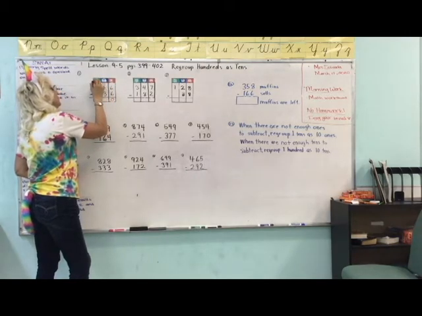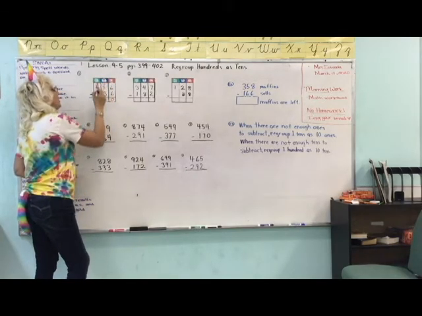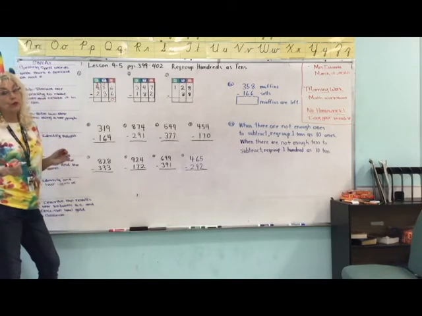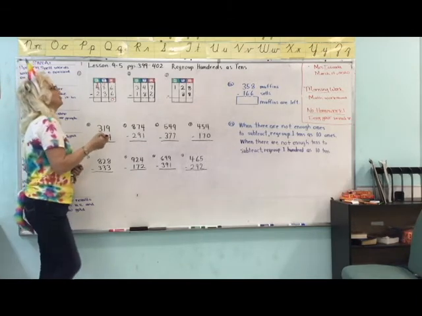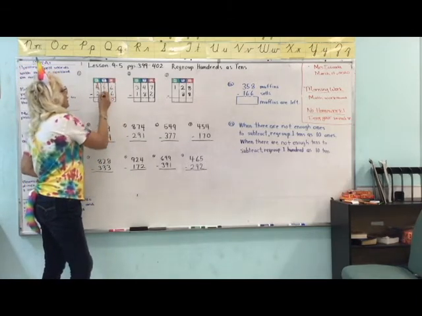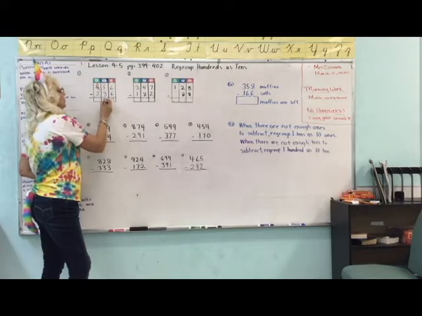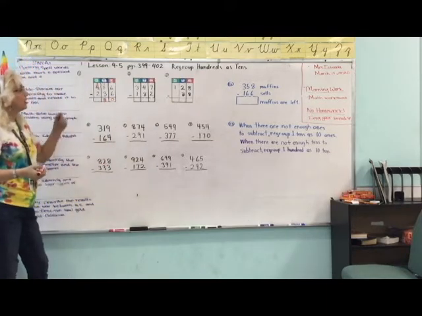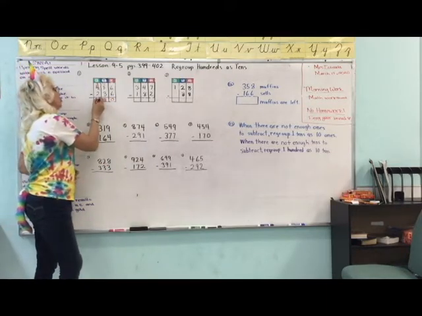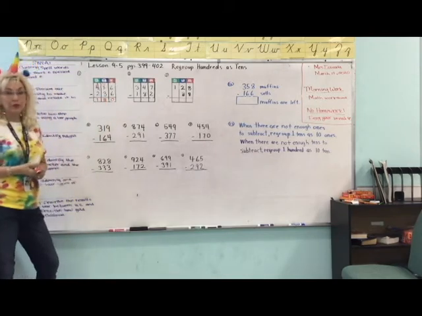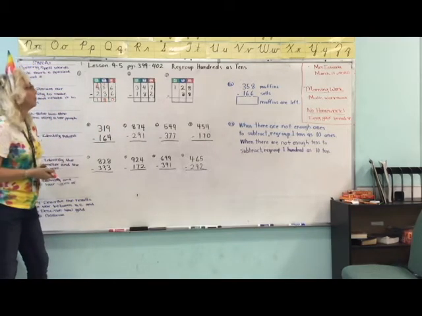And this is going to become a 3 because now there are 3 groups of 100 and 11 groups of 10. Now, 11 minus 3 is 8. And then you have 3 minus 2 is 1. So your answer should be 180.